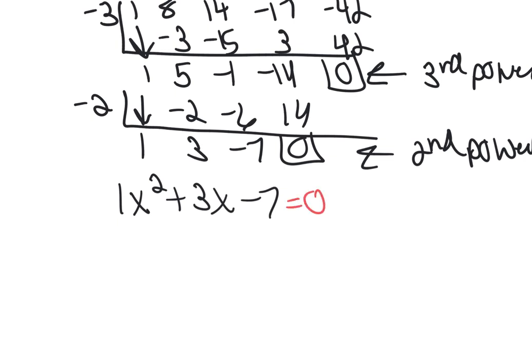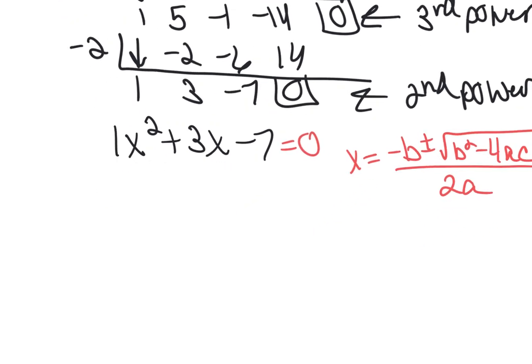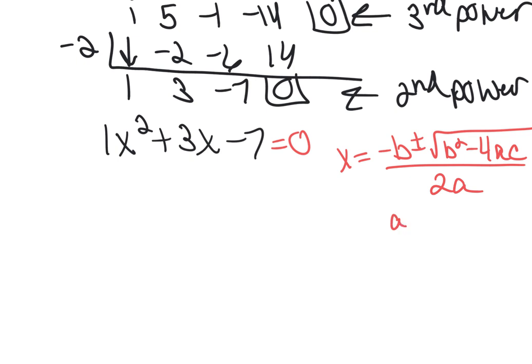Okay, so the quadratic formula, just a reminder, is the opposite of b plus or minus big ol' square root of b squared minus 4ac all over 2a. And a reminder that in this case we have a equals 1, b equals 3, and c equals -7. So the opposite of b is going to be -3 plus or minus the square root of b squared.